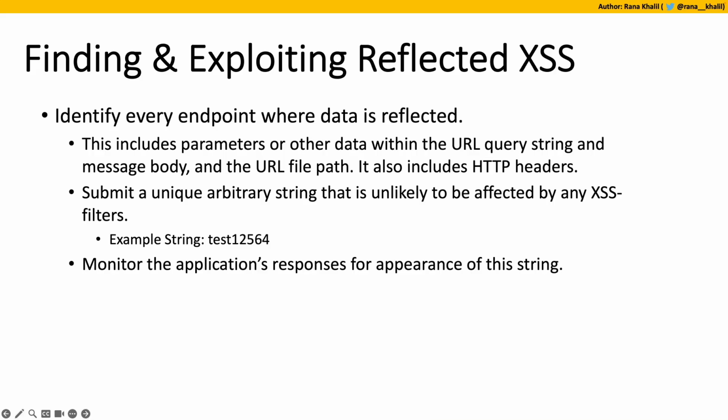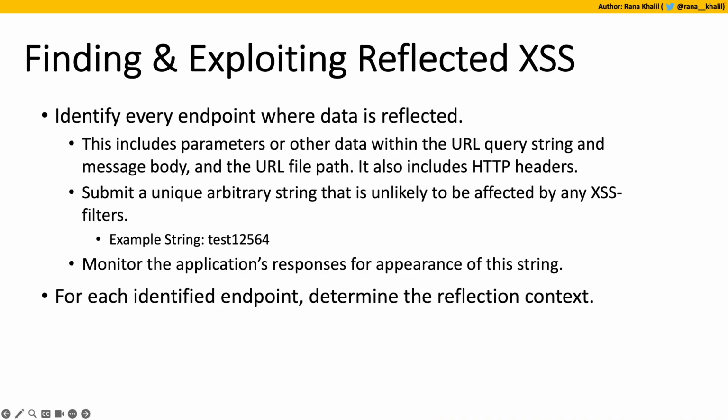When you do find it in the response, that means you have found a location in the application where client-supplied input is reflected in the application. That in itself does not mean that it's vulnerable to XSS. However, it does mean that it definitely needs to be tested for reflected cross-site scripting vulnerabilities. So the next step would be to determine the reflection context.